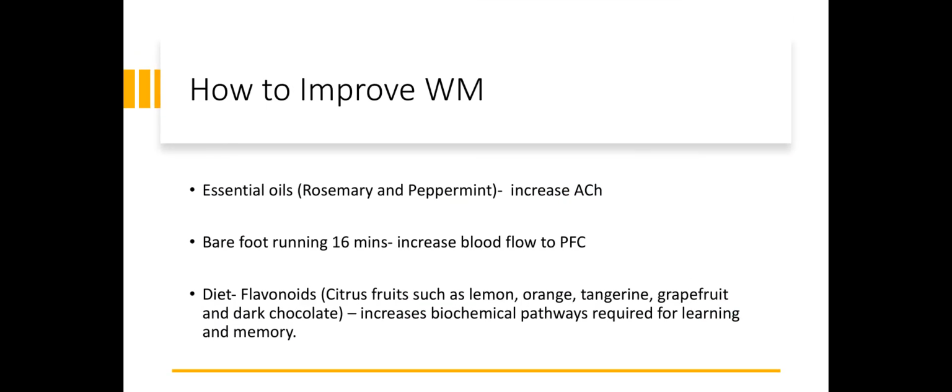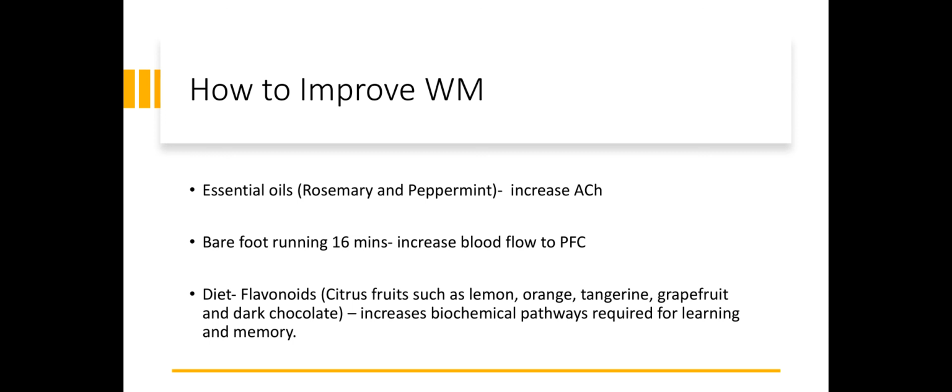So I've talked about this before, so very briefly, is the acetylcholines. It's those neurotransmitters within our brain. We need to increase them; just using rosemary and peppermint essential oils, even drinking peppermint tea can help improve our working memory. Barefoot running, there's some great research that just 16 minutes of barefoot running can increase blood flow to our prefrontal cortex. And of course, diet.